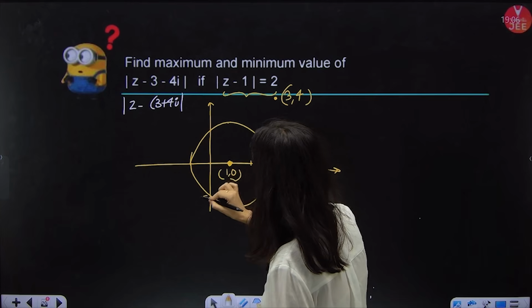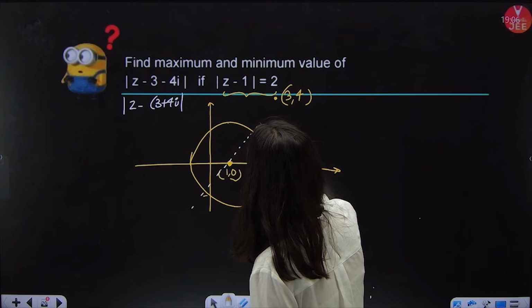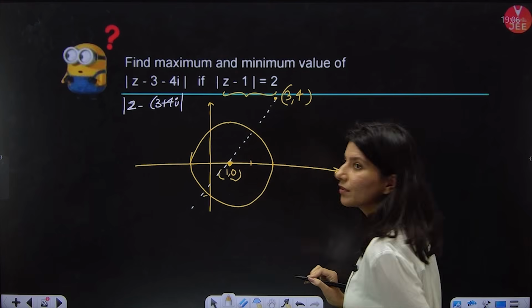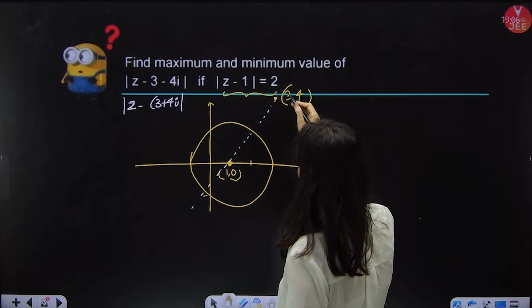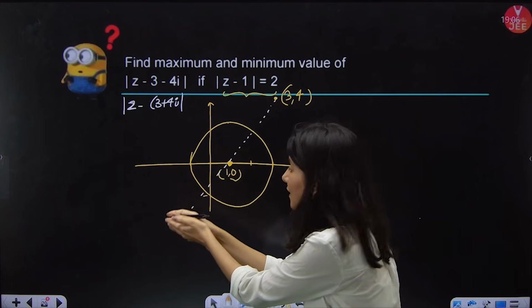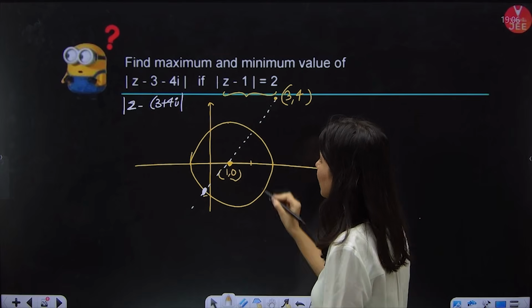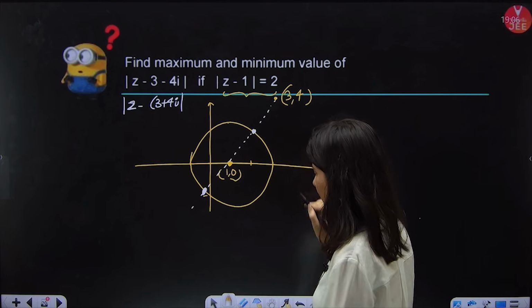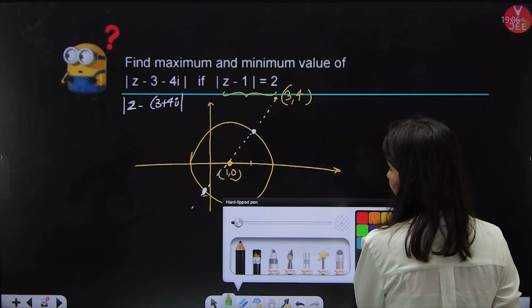So first of all you have to draw a line which passes through the center and 3, 4. Now to get the maximum value, the point has to be at maximum distance from 3, 4. This is your maximum point. This coordinate you have to calculate, and this is the point of minimum, right? So now understand that, yes.